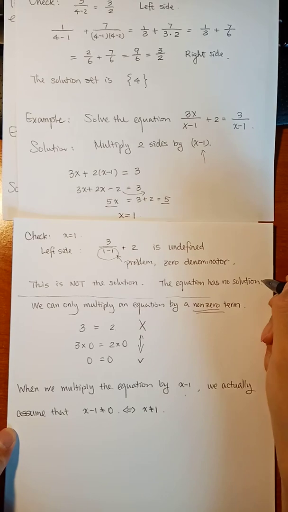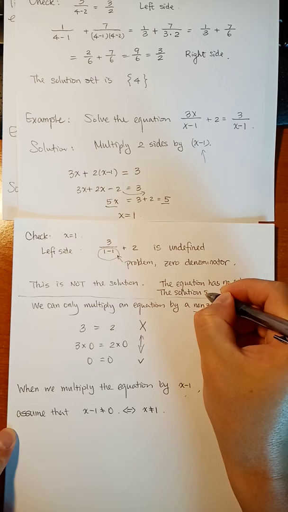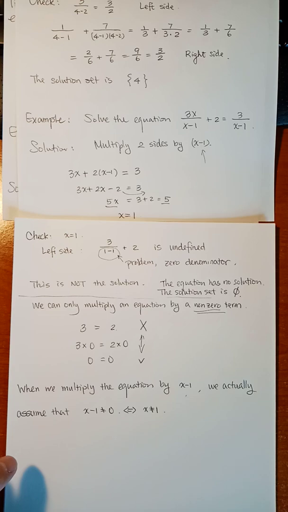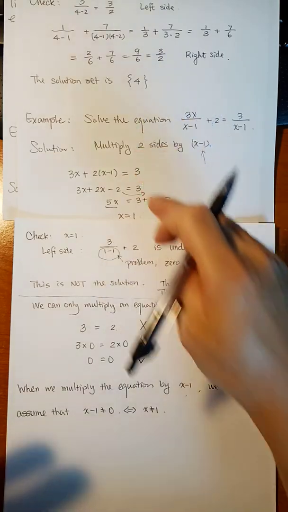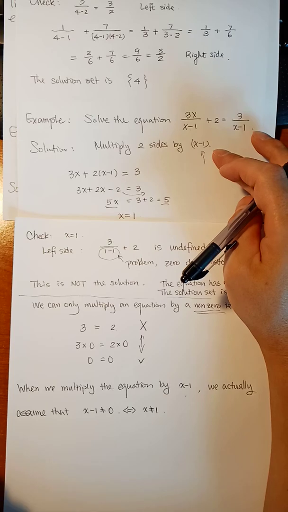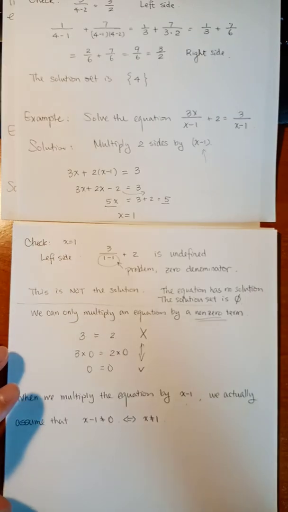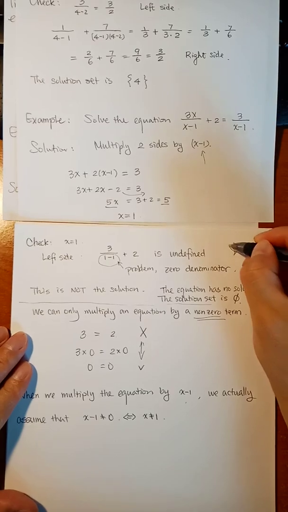If it has no solution, the solution set is an empty set. So that gives us an alert. Whenever you are solving a rational equation and you multiply two sides by some expressions, you must verify that your answer is an answer of the original equation. You must do it. It's very, very important.